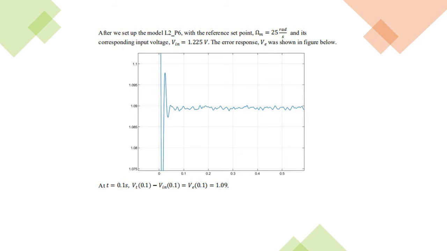After we set up the model L2 with the reference set point motor speed equal to 25 radian per second, its corresponding input voltage is 1.225 volt. The error response VE is shown in the figure below.